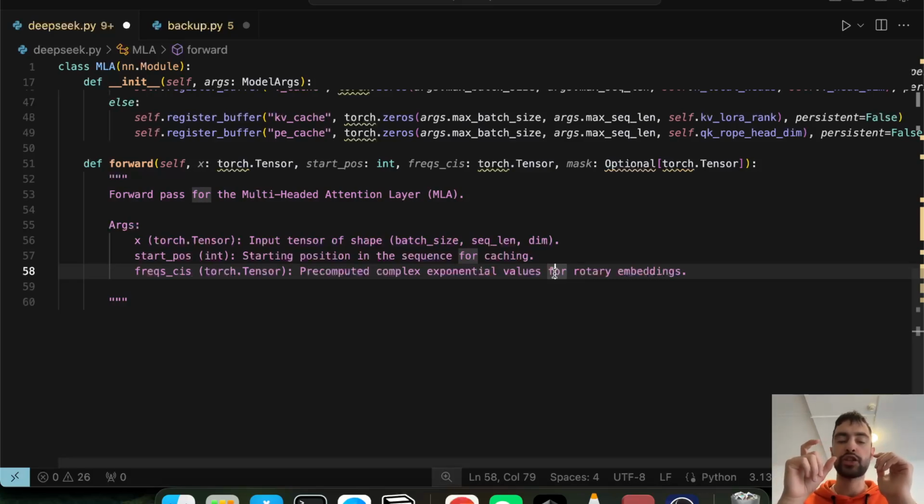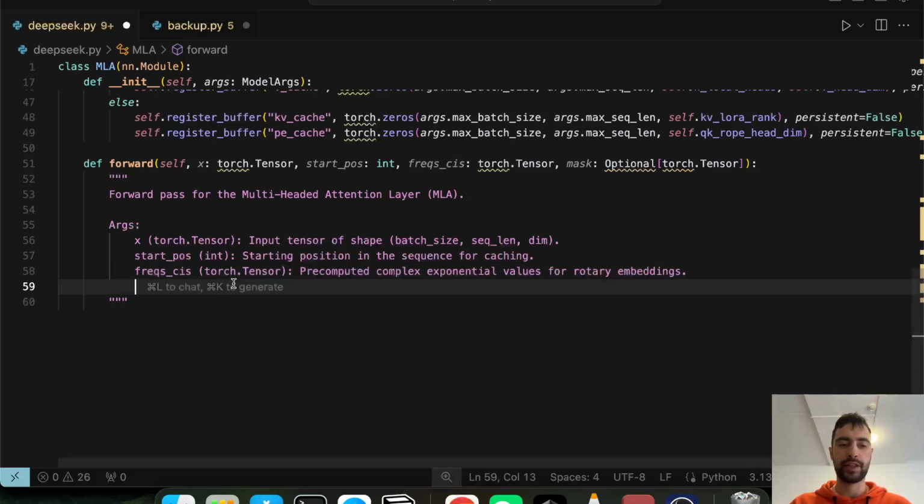These rotations only depend on the position in the context window, and on the position of the number pair in the vector for the key and query. So what I'm trying to say is they don't depend on the key and the query, they just depend on the positions. So we can pre-compute them for each position and just pass them here. We don't need to compute them with every token.